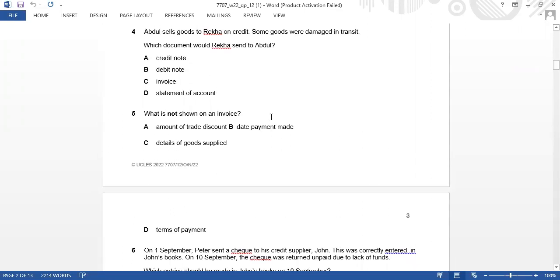In an invoice, the amount of trade discount is given so as to calculate the discounted price or the amount that should be recorded in the records or in the journal entries. Date payment made, the date is not included in the invoice. Details of goods supplied is included, terms of payment and trade discount that is given will be written in the invoice. So B would be the answer.